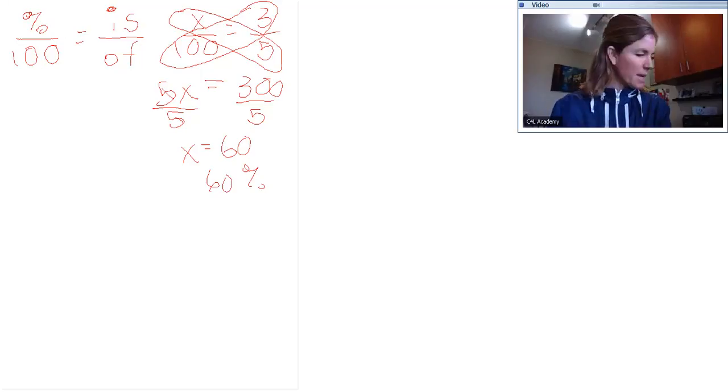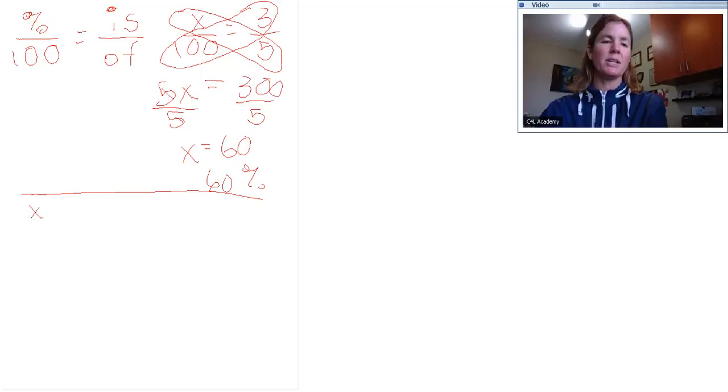The problem for this one, oh, I should have given you a different version of one. They ask what percent of 72 is 9, example on page 35. We don't know the percent, so x over 100 equals 9 over 72.